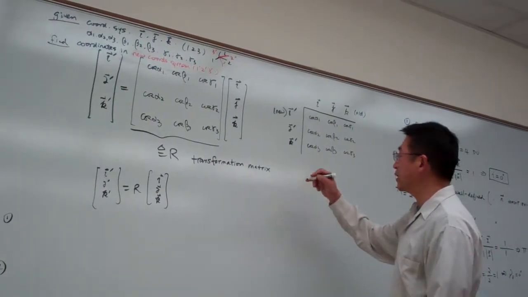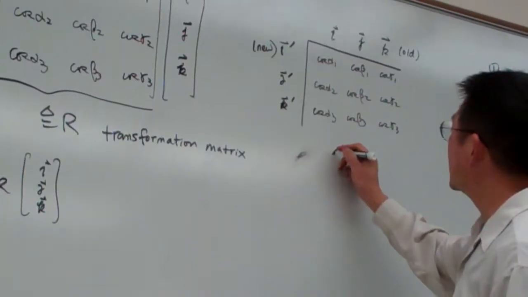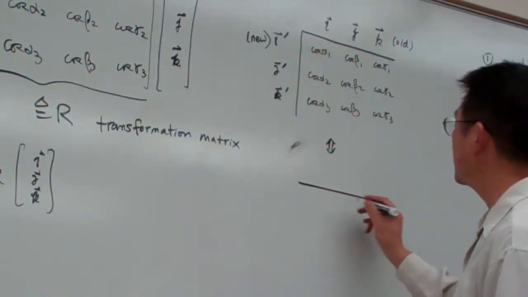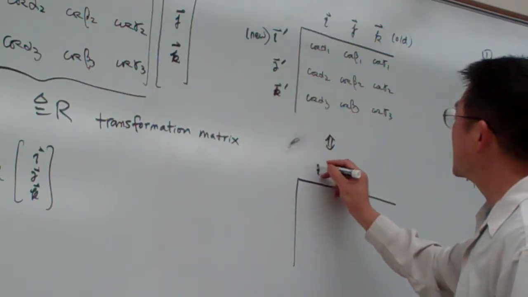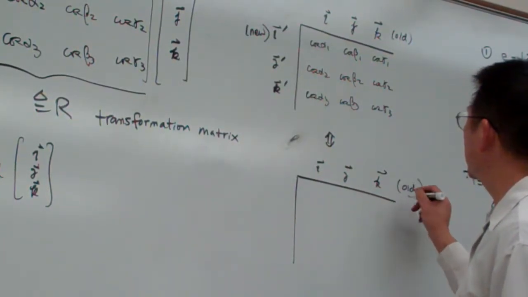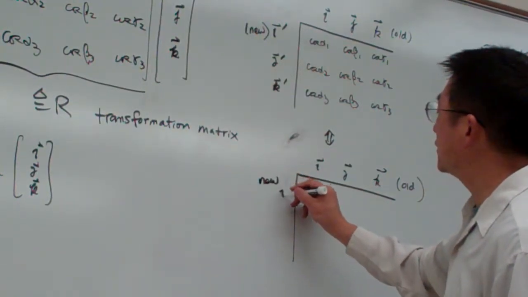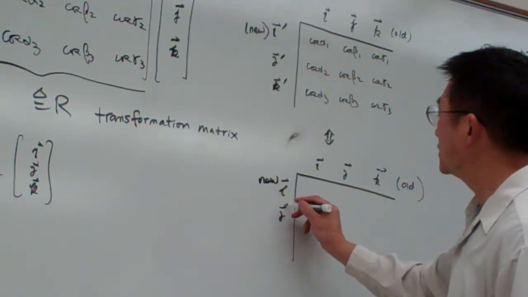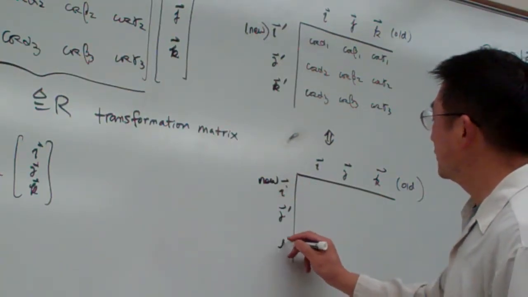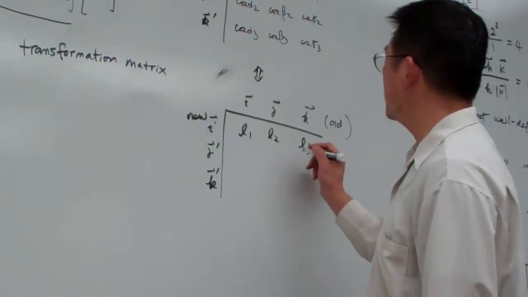Basically change the symbols, say cosine alpha 1, using different symbols for directional cosines. This is I, J, K, and for the new I prime, J prime, K prime, L 1, 2, 3.